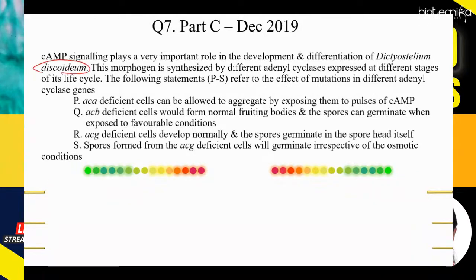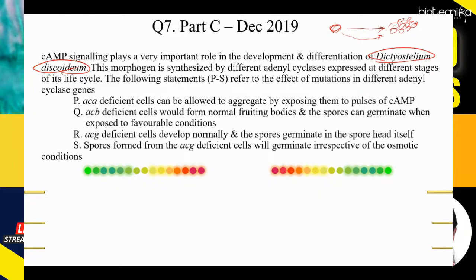Now Dictyostelium discoideum is a very interesting organism. It can exist in a single cellular form, and a multicellular form also it can exist. How can that be possible? Generally, in normal embryonic development, a multicellular organism comes from a single cell by a lot of cleavage divisions.